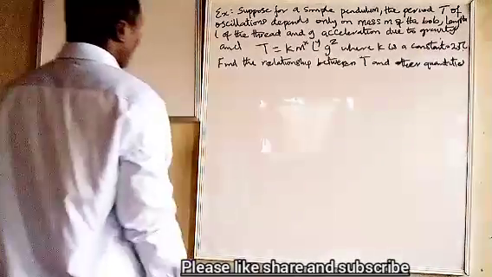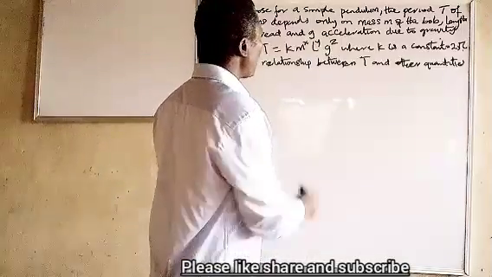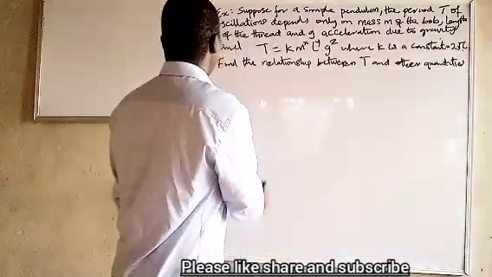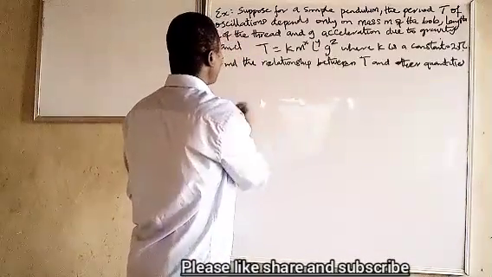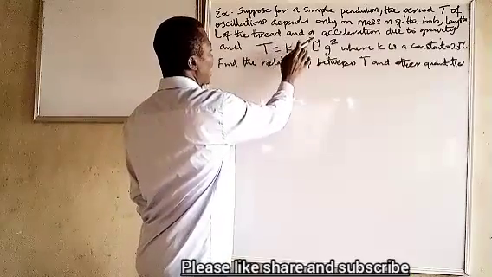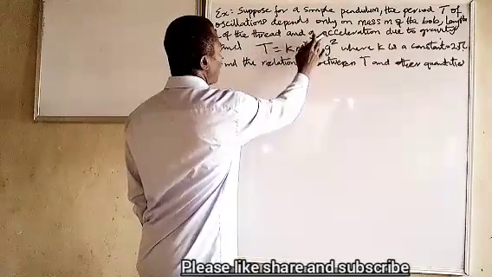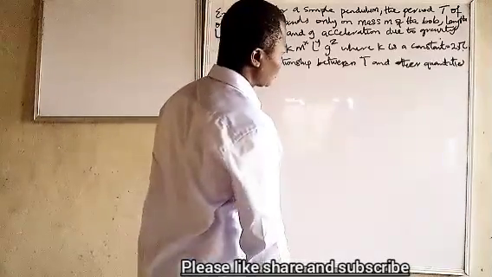Now, suppose for a simple pendulum, the period T of oscillation depends only on mass m of the bulb, length L of the thread, and g, acceleration due to gravity, and T is equal to K m raised to power x, L raised to power y, g raised to power z, where K is a constant which equals 2 pi.